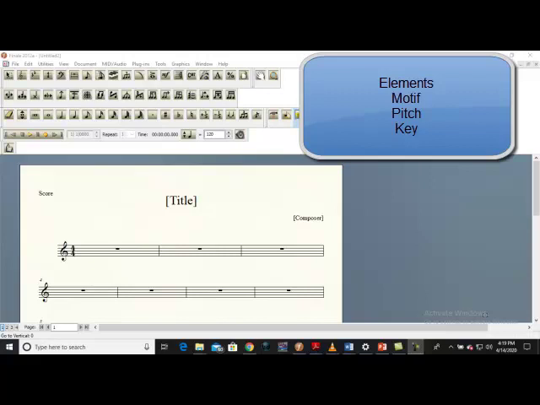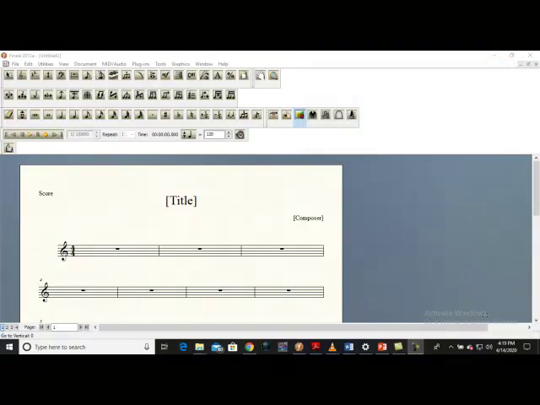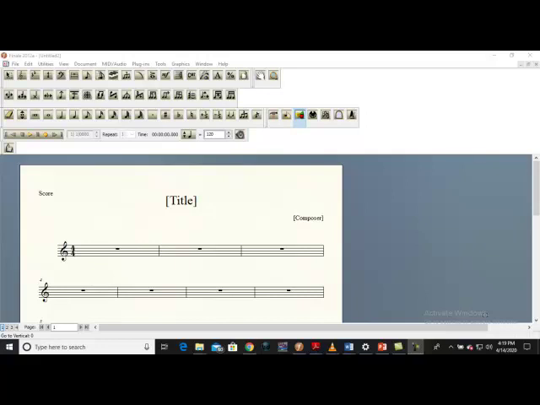We also looked at the pitch, that is the sound, how your melody is going to sound, how high it's going to be, how low it's going to be. When all put together it will give you a lovely sound. And we also looked at finding an appropriate key so that when playing back, your melody doesn't sound too high, and whoever is going to sing or play will be able to play it appropriately.